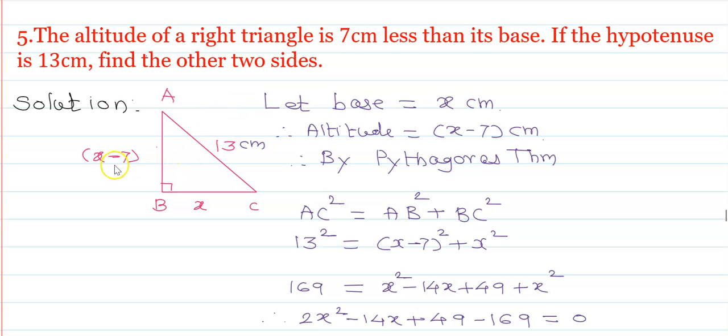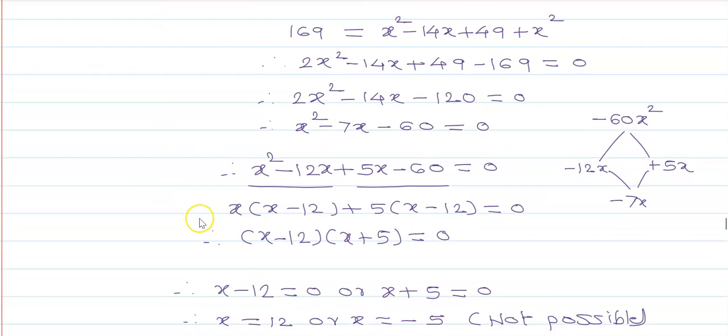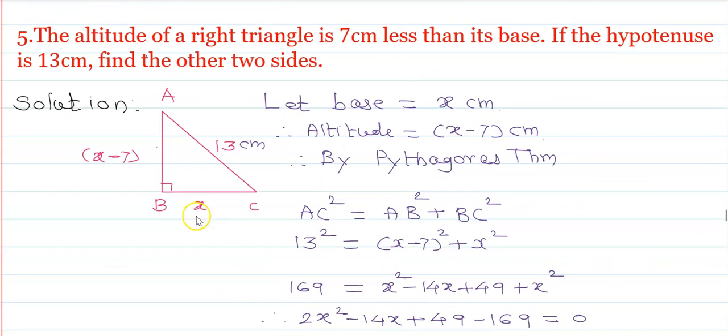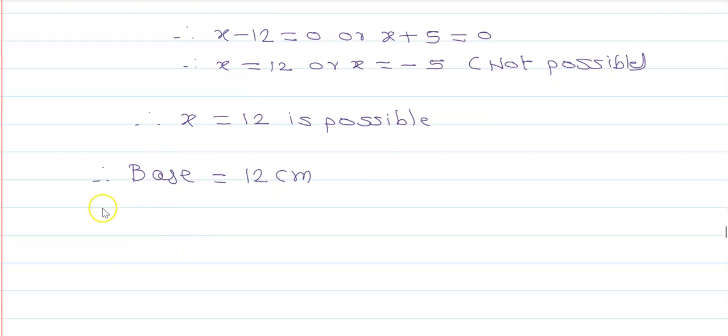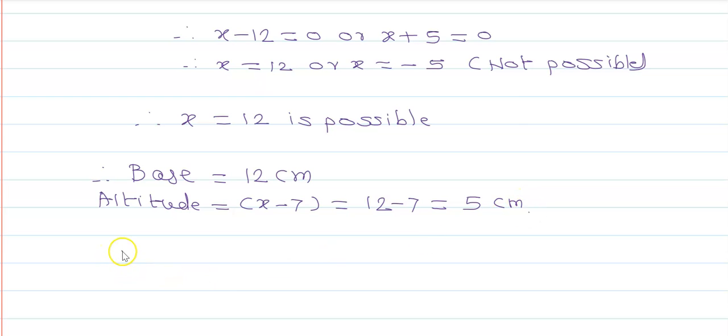Okay. What we want to find out? Find the other two sides. As the base is 12 centimeter, the next, the height or altitude, is equal to x minus 7, that is 12 minus 7 is equal to 5. Okay, it's 5 centimeter.